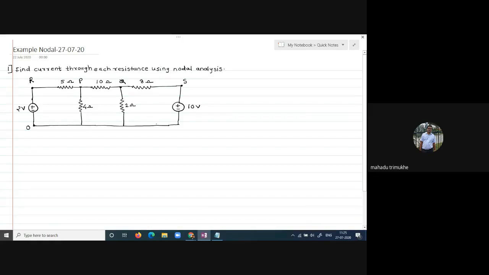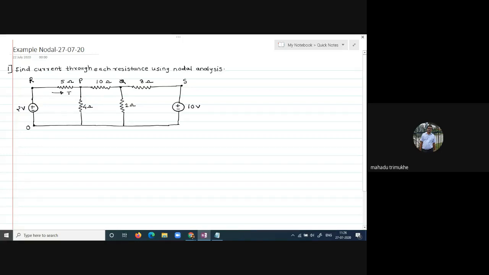So now we have marked the nodes. We will mark the currents, the current flowing through a resistance, in an arbitrary manner.